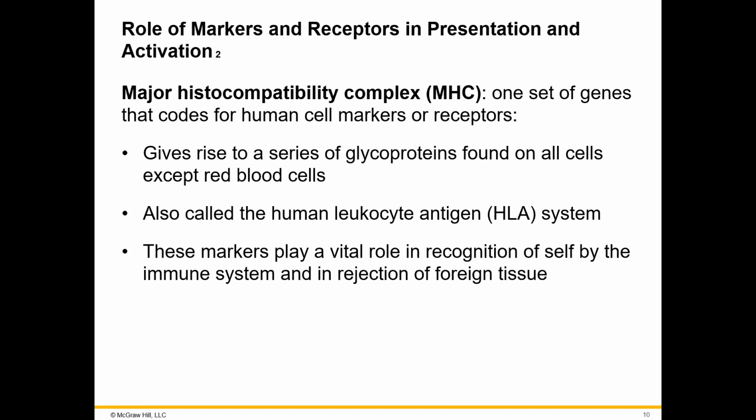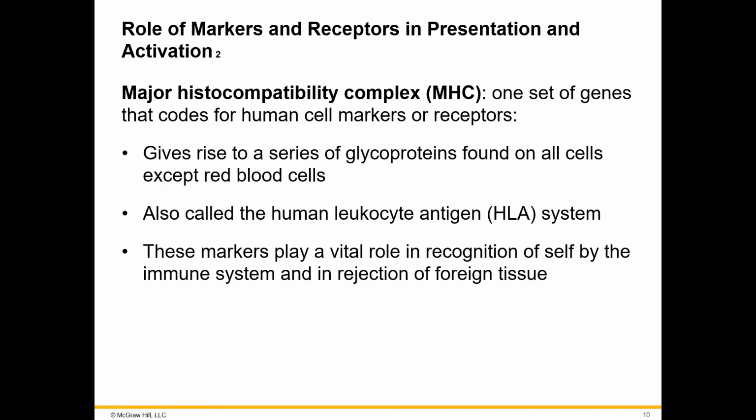So the major histocompatibility complex, in this, there is a set of genes that codes for human cell markers or receptors. This gene complex produces a series of glycoproteins, which we call MHC molecules, and they are found on all cells except red blood cells.